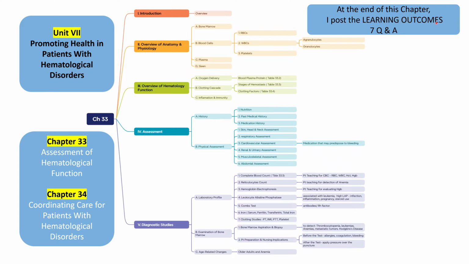So the learning plan is first blood components and their normal ranges, coagulation studies, bone marrow aspiration, and biopsy. So we go on to the next slide.